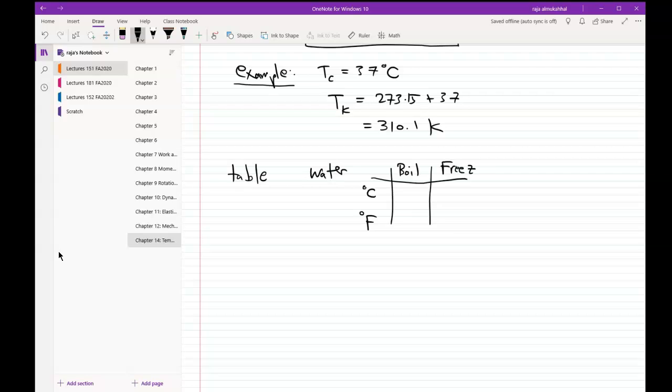The boiling temperature of water in Celsius is 100, and the freezing temperature, of course, is 0, and the boiling temperature of water in Fahrenheit is 212, and the freezing temperature is 32. Okay. And for human temperature, it is 37 degrees Celsius or 98.6 degrees Fahrenheit. Okay, good.